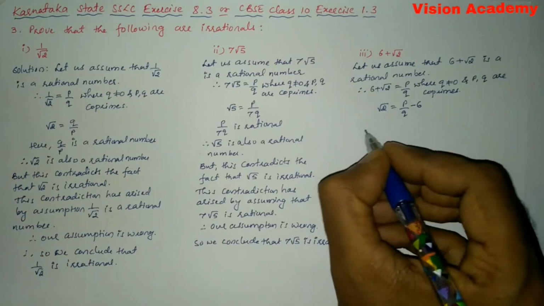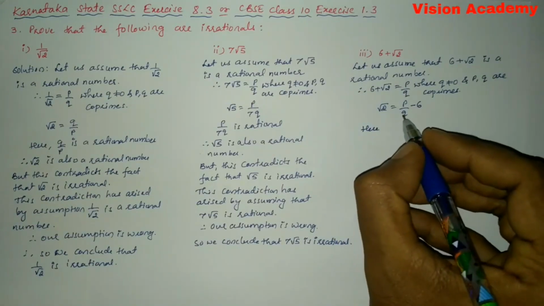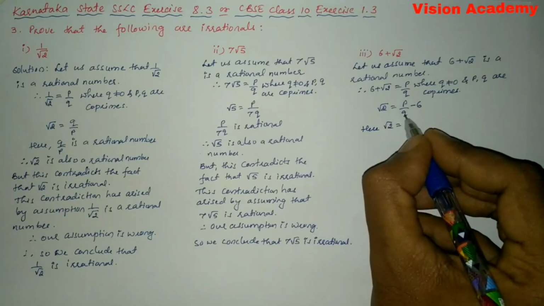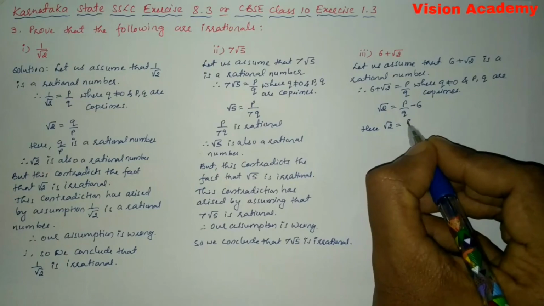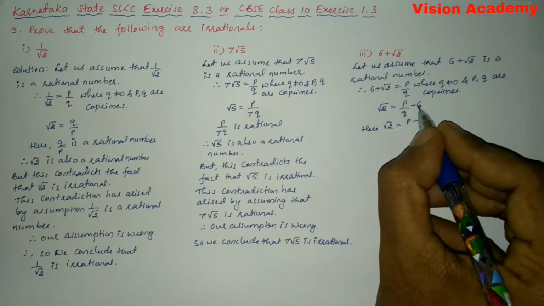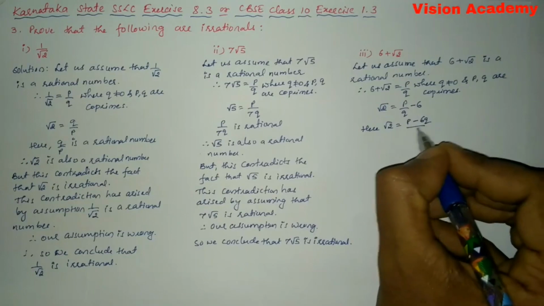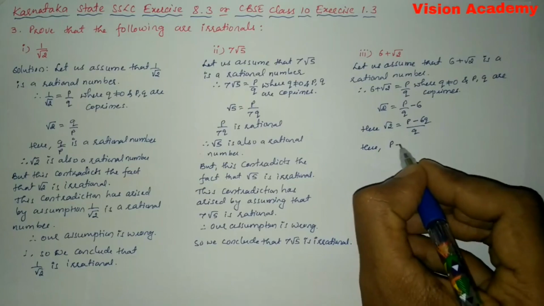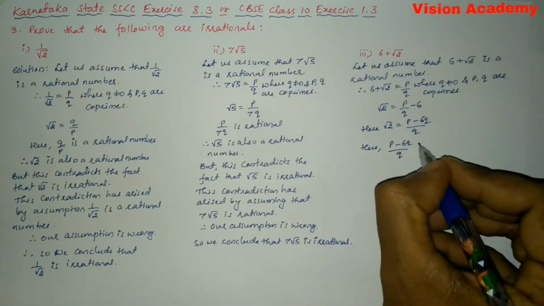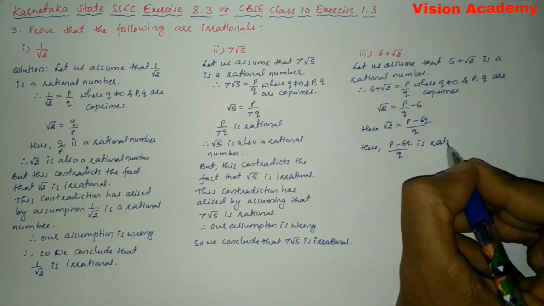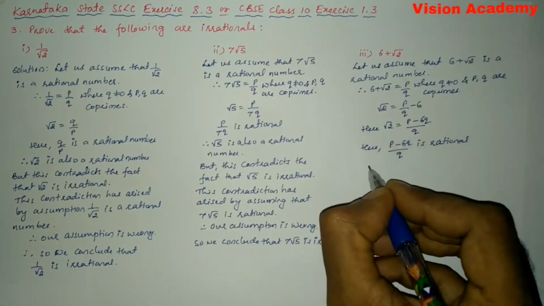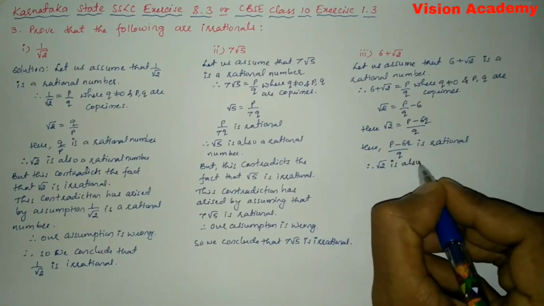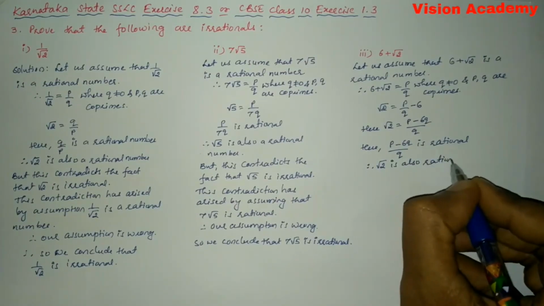Here we can write square root of 2 is equal to, let us take LCM of Q and 1. So here we can write P minus 6 into Q is 6Q, whole divided by Q. Now P minus 6Q whole divided by Q is rational. Therefore, square root of 2 is also rational.